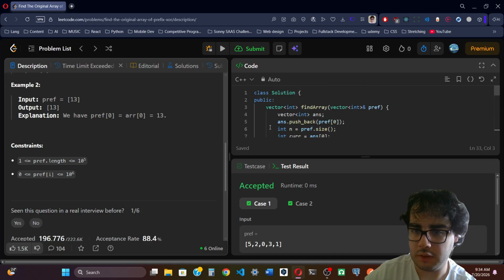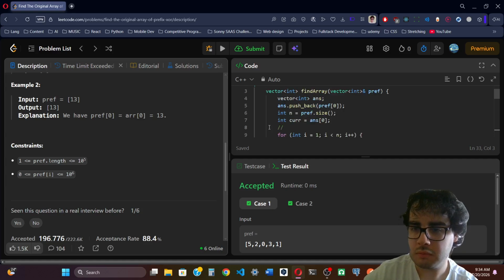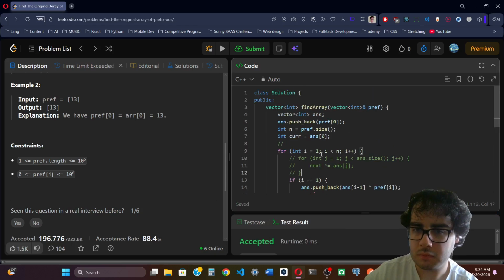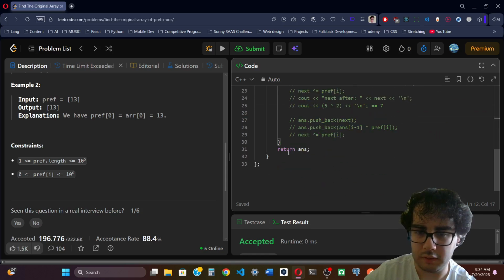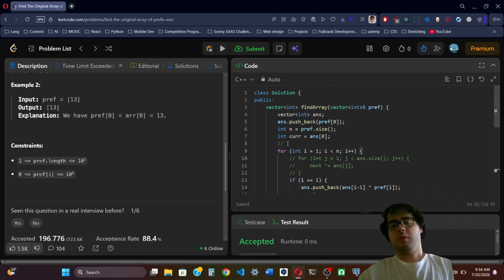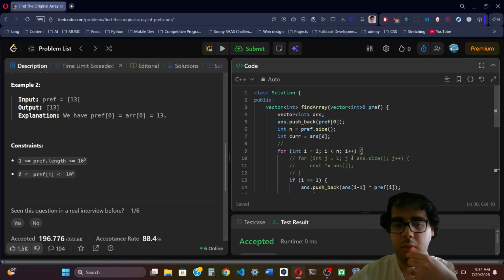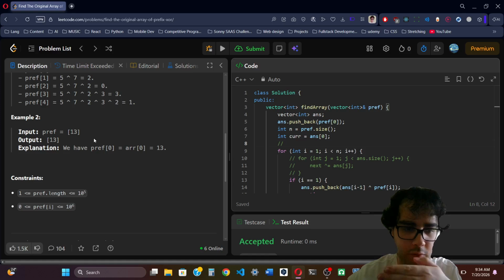What could possibly be giving that? I have no idea why there's a time limit exceeded right now. There's the size of the array. Pref is 10 to the 5th. So it should work.